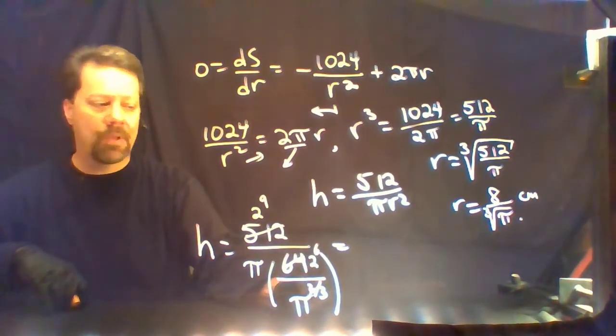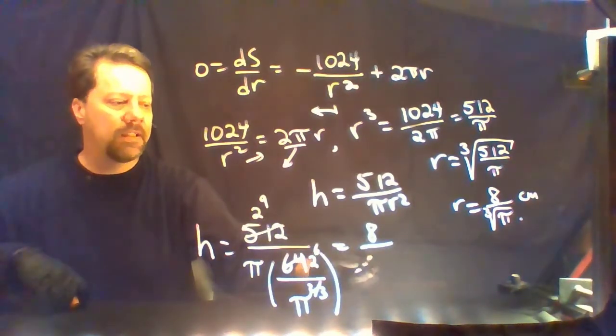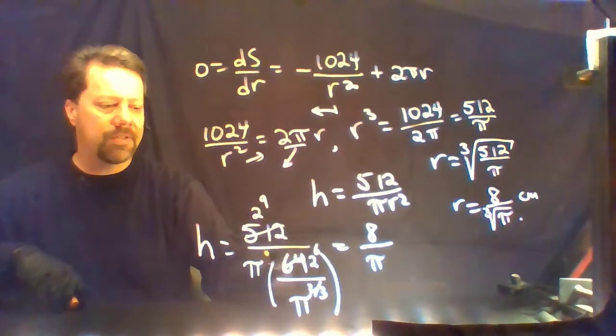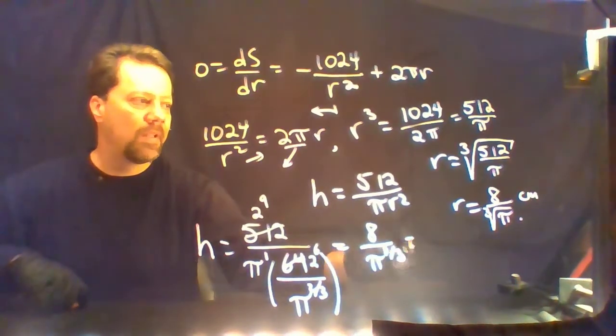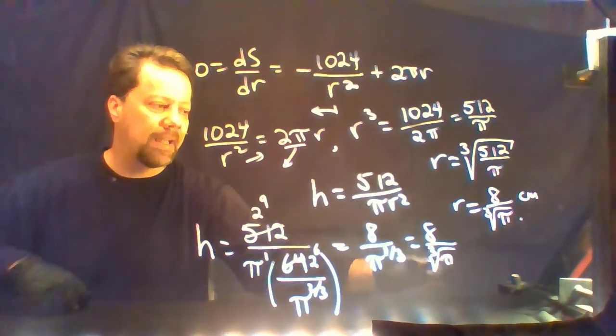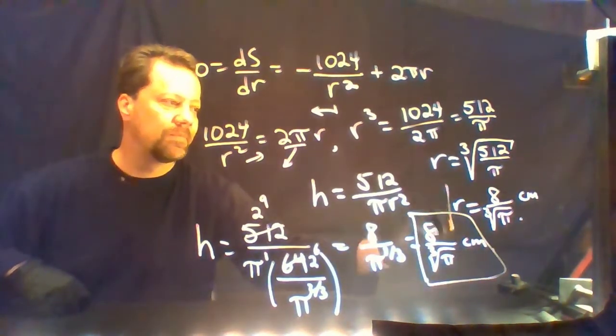You subtract exponents, you get 2 cubed, or 8, divided by pi to the 1 divided by pi to the 2/3, you subtract the exponents. 1 minus 2/3 is 1/3. And so you get 8 divided by the cube root of pi in centimeters for the height as well.